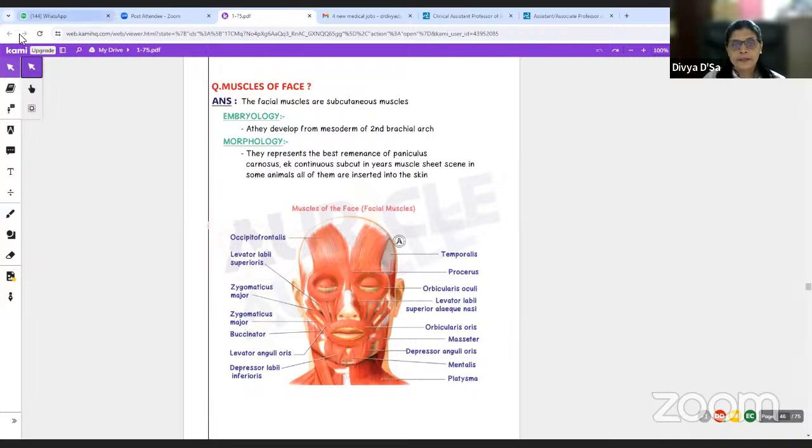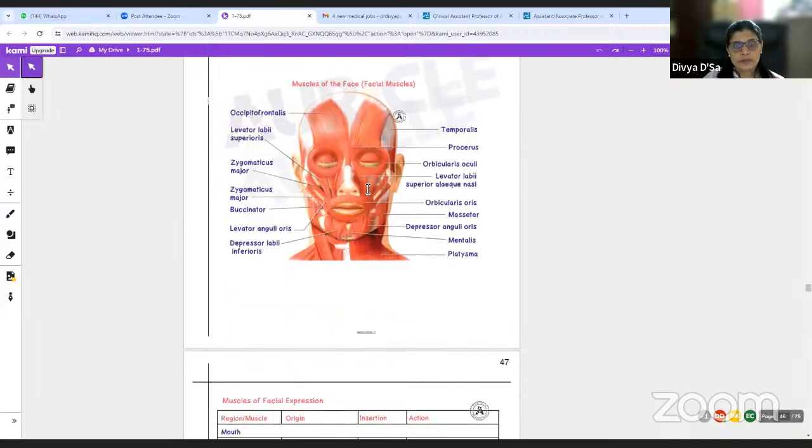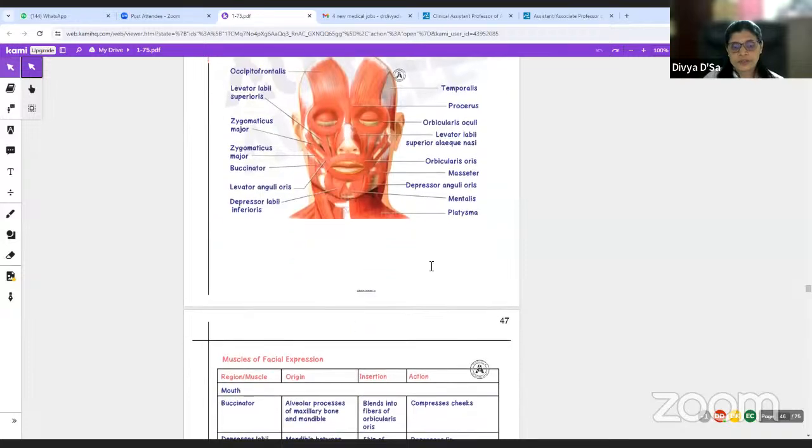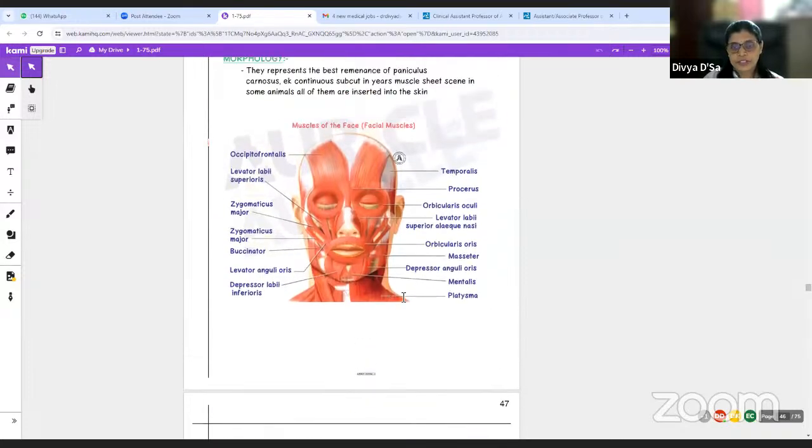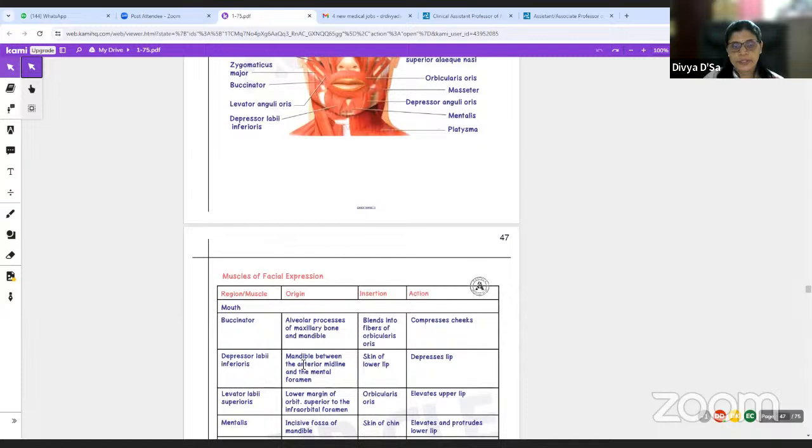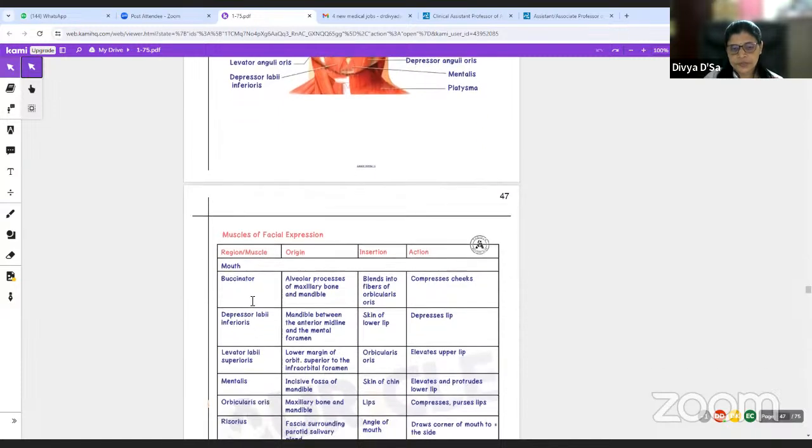Okay, so the muscles of the face are classified region-wise. First we have those around the mouth. We have buccinator. Buccinator has its origin from the alveolar process of the maxilla as well as the mandible, and it blends into the fibers of the orbicularis oris. The buccinator splits into three layers: upper, middle, and lower.